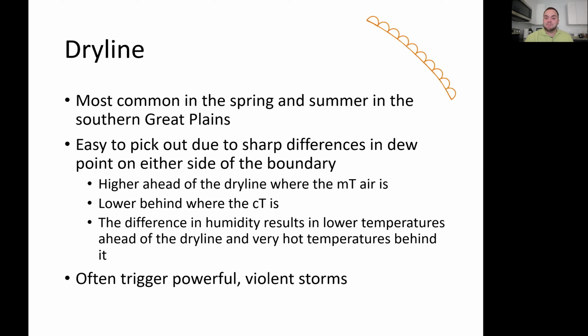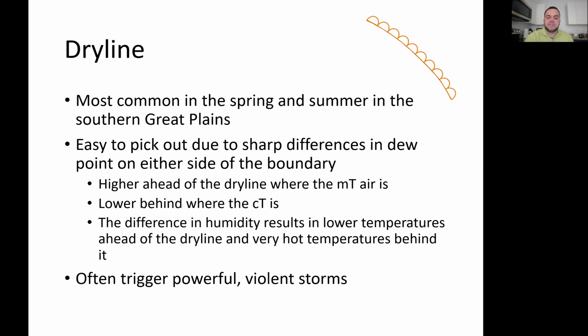So a dry line is most common in the spring and summer in the southern Great Plains. And it's easy to pick out a dry line on a weather map because we can look for sharp differences in dew point on either side of this boundary. Remember that a dry line is the separation between the warm or hot and humid air and the hot and dry air, so the maritime tropical and the continental tropical air.